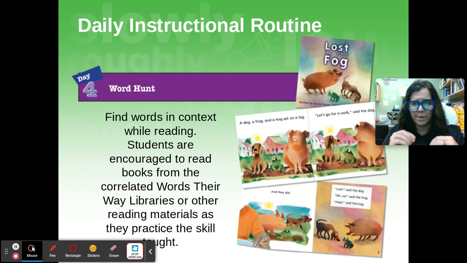So this is a really smart and important step, because it allows the kids to see that this thing that I'm doing is not in isolation. These are word patterns that are out in the world, and I'm going to go find some.